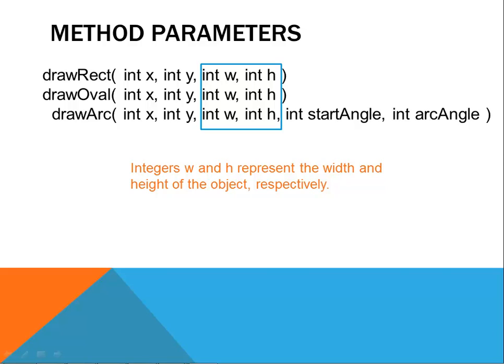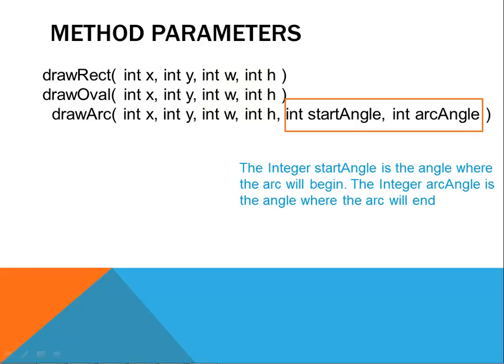Integers w and h represent the width and height of the object respectively. The drawArc method has 2 additional integer parameters. The integer start angle is the angle where the arc will begin. The integer arc angle represents the angle where the arc will end.